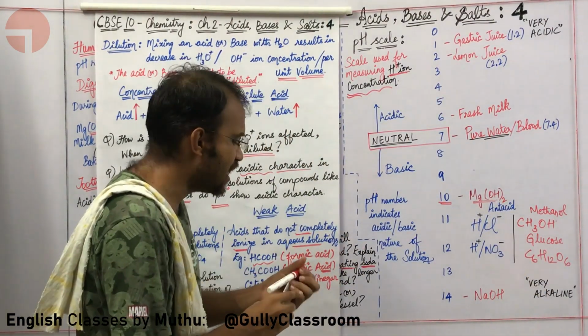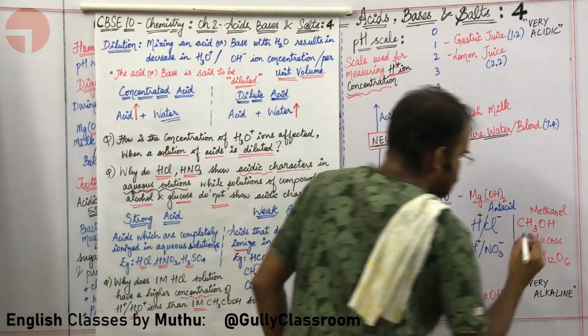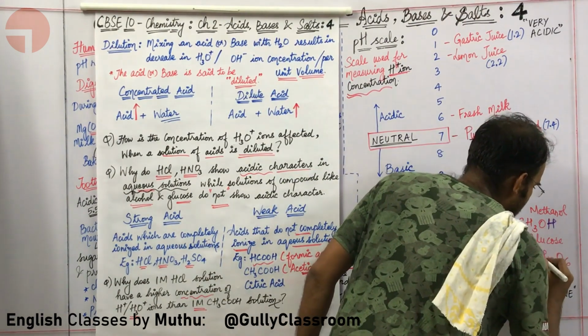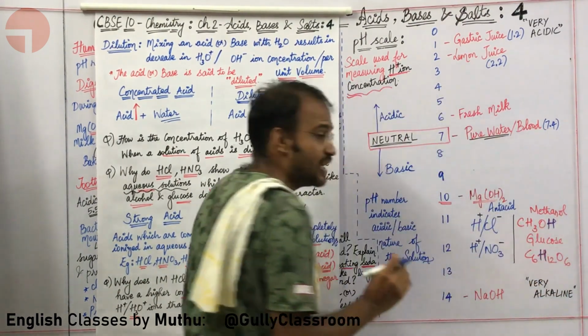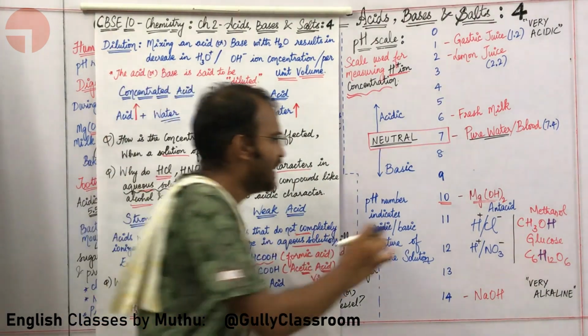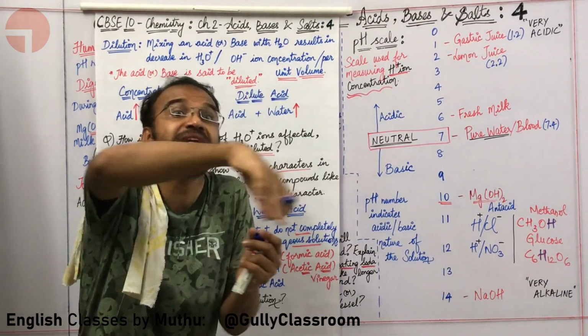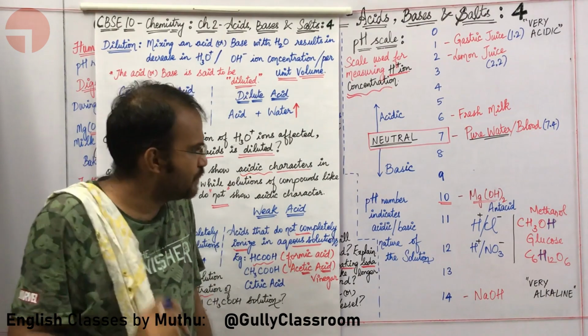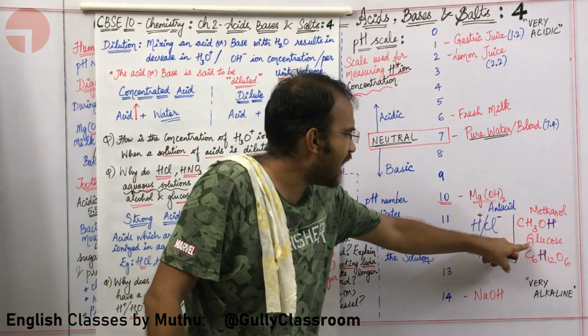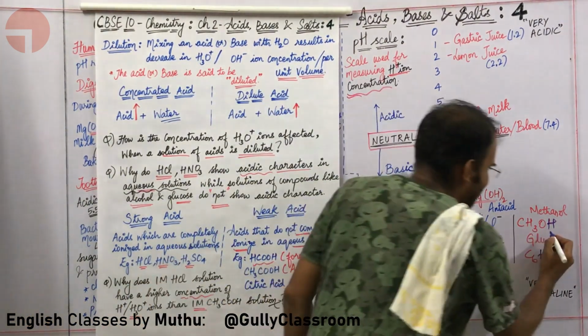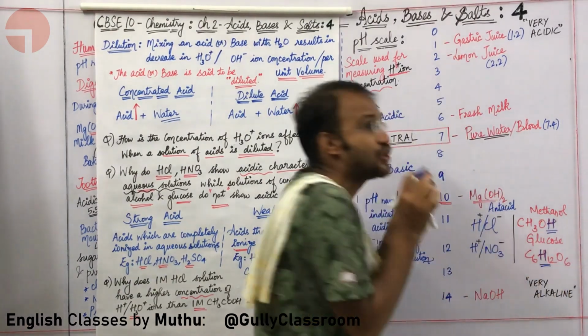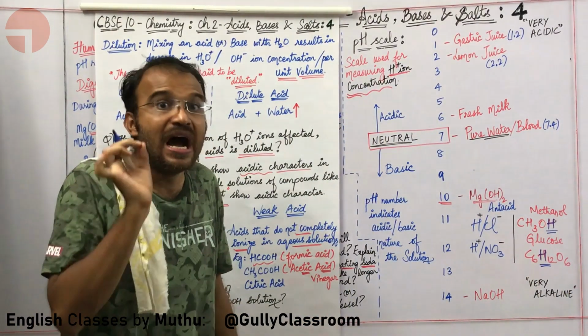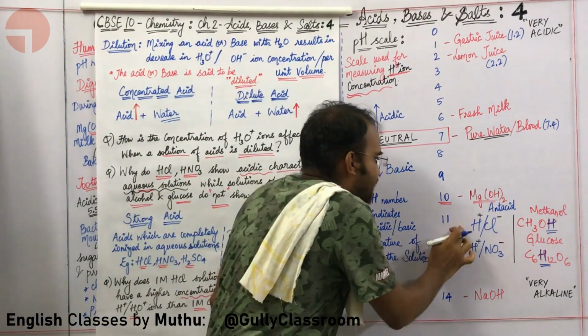Both methanol and glucose contain hydrogen, but this hydrogen does not form H plus ions when mixed in water. Even though alcohols and glucose contain hydrogen, they do not dissociate to form H plus or hydrogen ions.